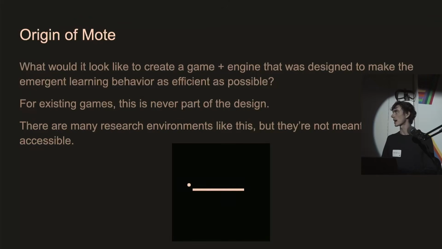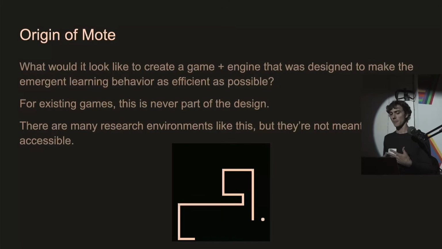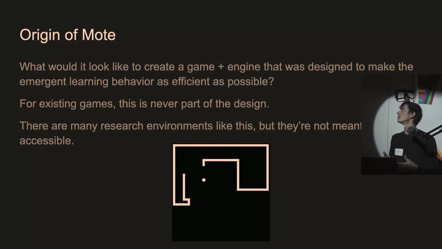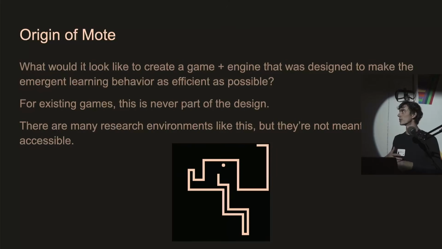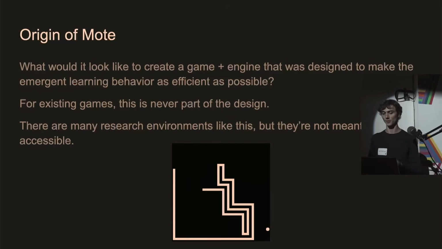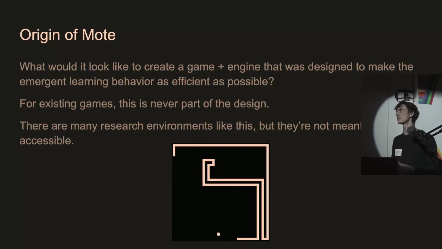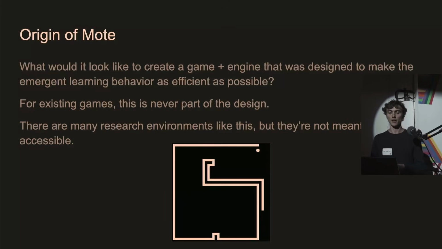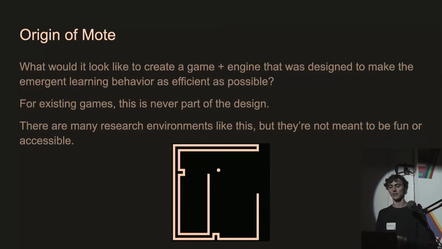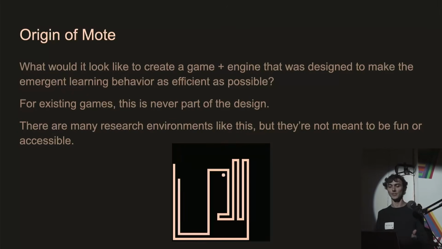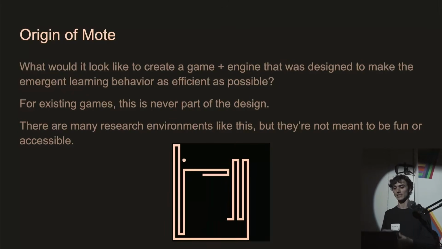And people's response and interest in that was the first seed of, what would it look like to create a game, an engine that was designed to make emergent learning behavior as efficient as possible? Because existing games are made to look good and make sense for the player, but they don't have learning, adapting agents.